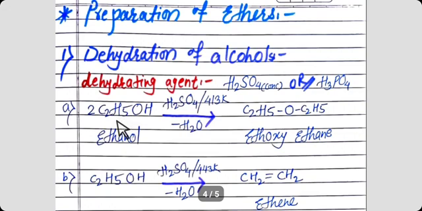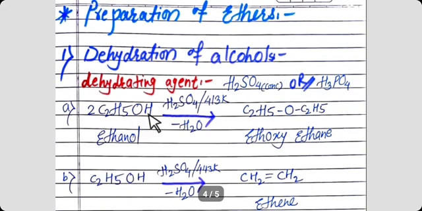I am explaining again. 2 ethyl groups are there, which means the ethanol is in double quantity. From these 2 ethyl groups, 2 oxygen atoms and 2 hydrogen atoms, the 2 ethyl groups are attached with 1 oxygen atom, and 2 hydrogen atoms are attached with the other oxygen atom.